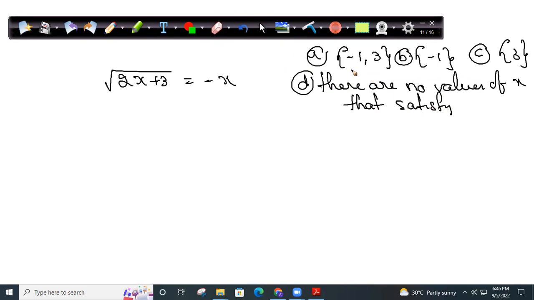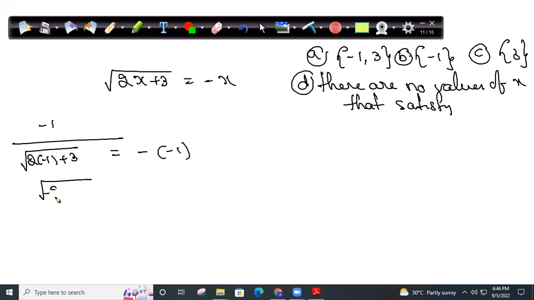Now let me take -1. When I simplify the left hand side, 2 times -1 plus 3 is -2 plus 3, which is 1. The right hand side is -x, which is 1. So 1 is equal to 1.